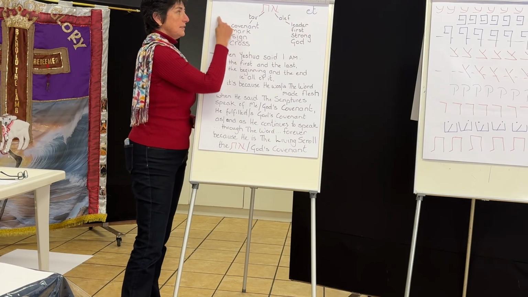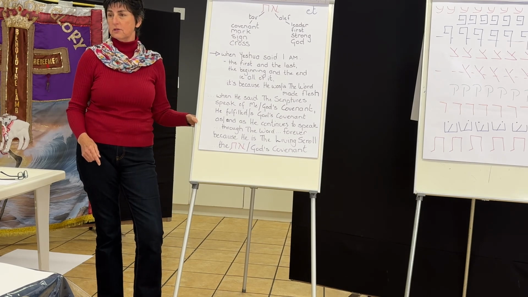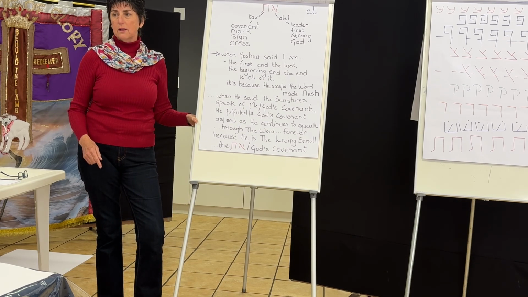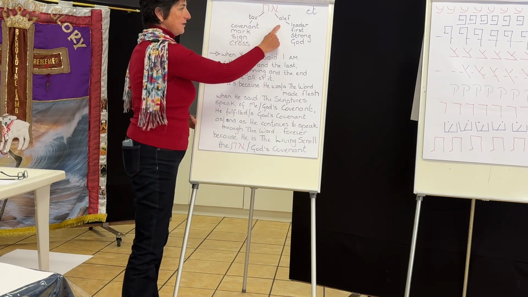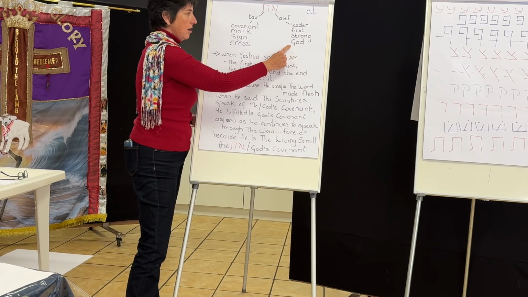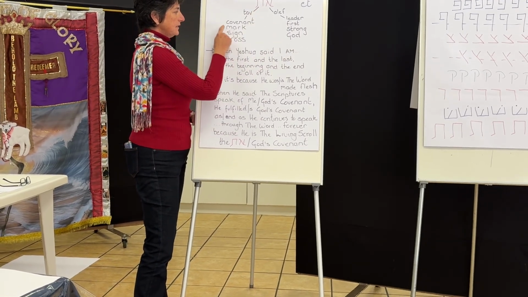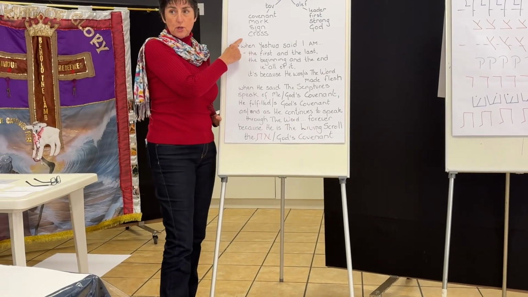And as you can see, we have no English translation for it. So what does this word mean? Well, we can figure it out because we know the letters. Aleph is leader, first, strong, God. And Tav is covenant, mark, sign, or cross.